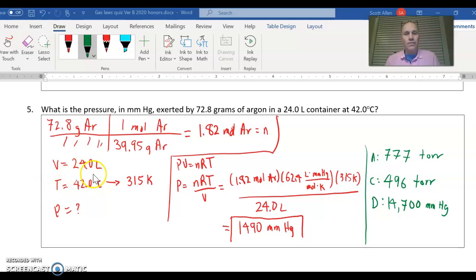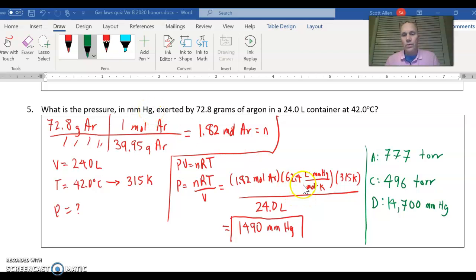The volume is 24.0 liters. The temperature is given like this, and you should realize we need to convert that to Kelvin since this is a gas law problem, and it's asking us for the pressure. So let's solve for pressure. We would get this right here. Let's plug things in, and notice we have chosen this value for R because it asks for the pressure in millimeters of mercury.